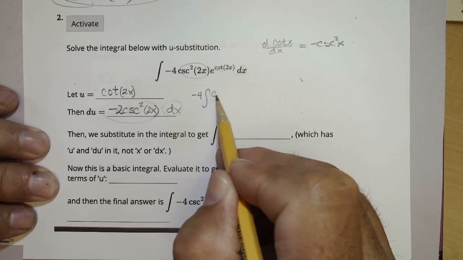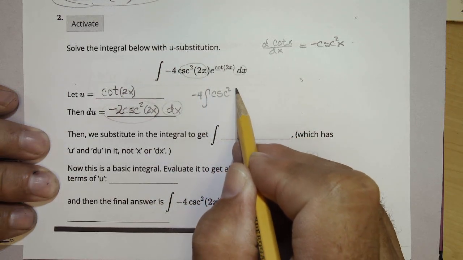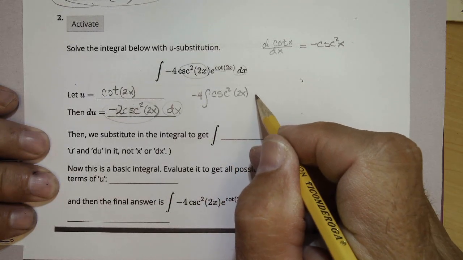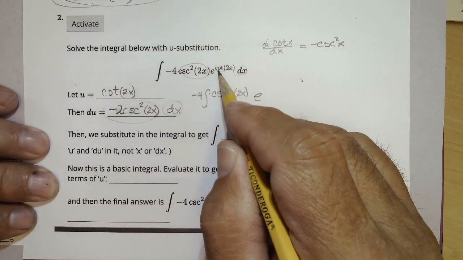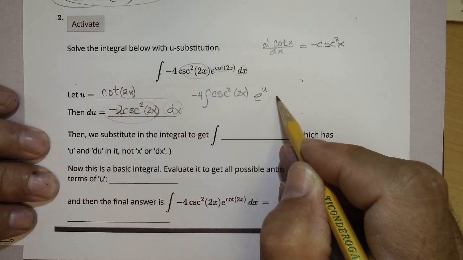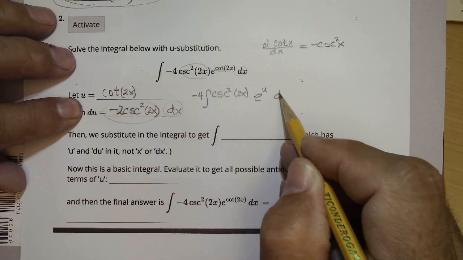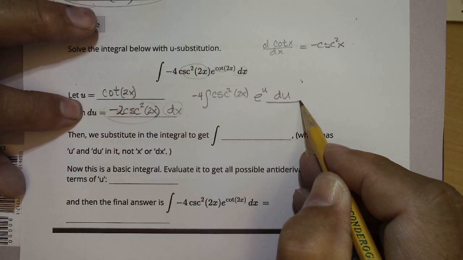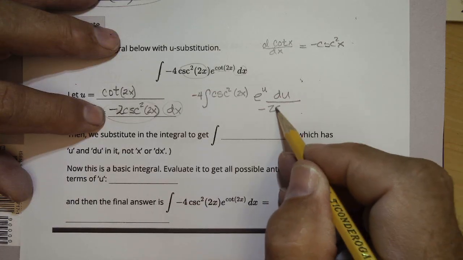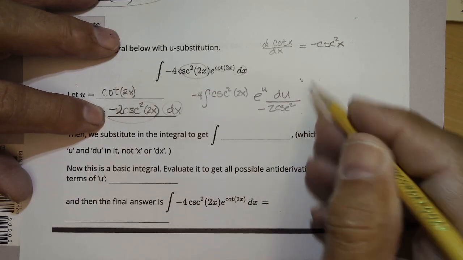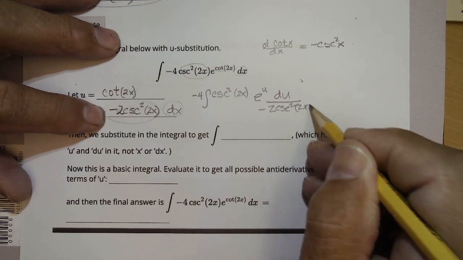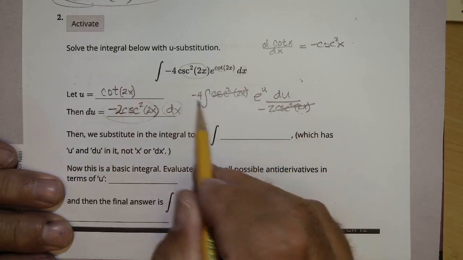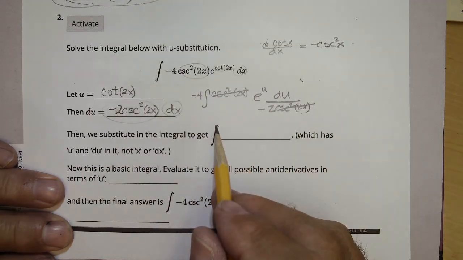I'd write the cosecant squared of 2x and e to the u, and dx is du over negative 2 cosecant squared 2x. And the cosecant squared of 2x cancels. The negative 2 would go into the negative 4 and make plus 2.